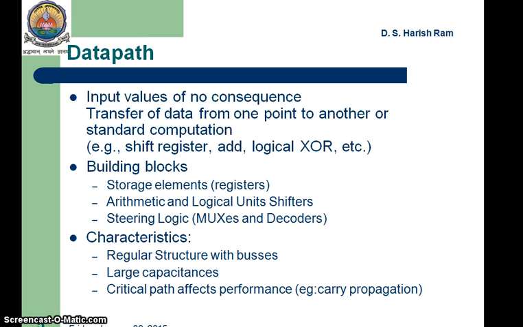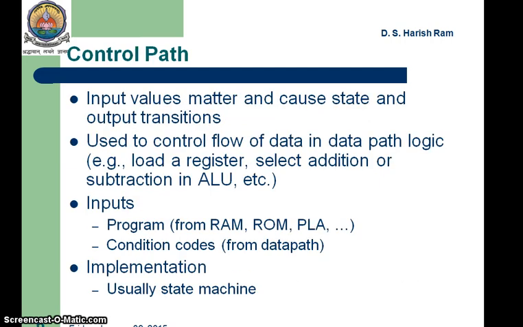And the hardware characteristics of these data path elements are primarily such that they are constructed using regular structures with buses being used for communication. And since buses are being used for communication, typically these elements are characterized by large capacitances. And the critical path of these elements will significantly affect the performance of the whole system.